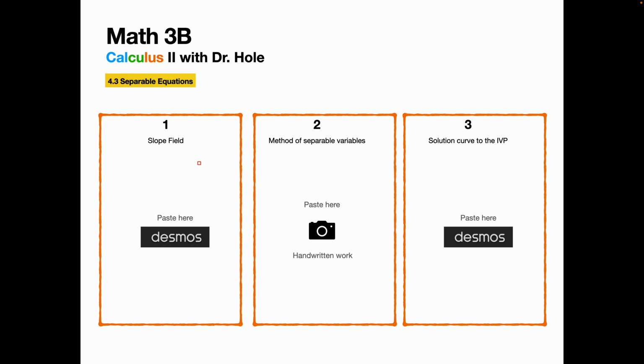Lastly, use the week 9 assignment form and paste here that slope field that you produced in Desmos. Paste here your handwritten work to solve the initial value problem. And then paste here the updated slope field produced in Desmos that has your particular solution.